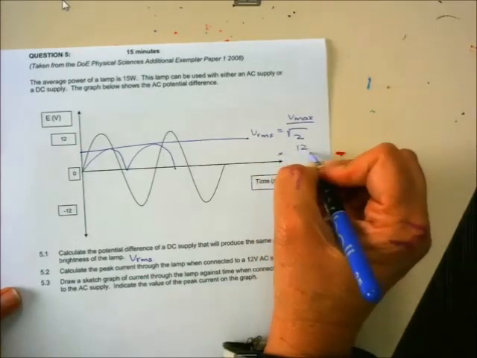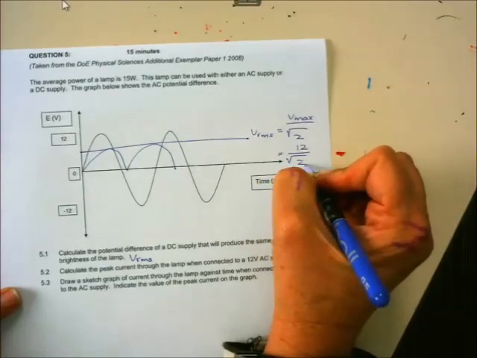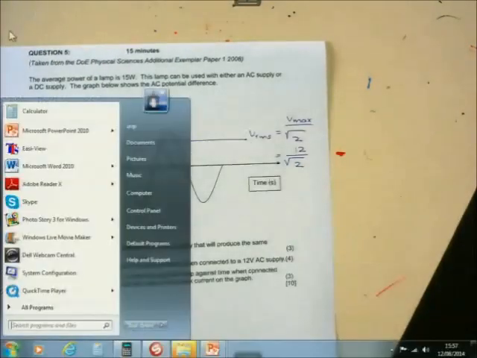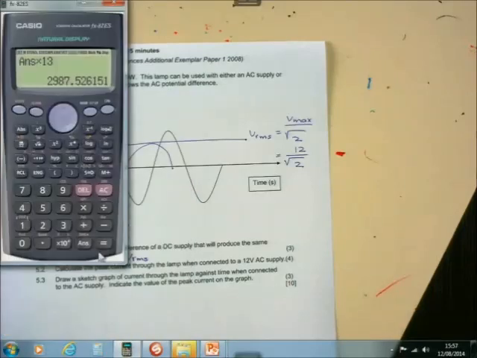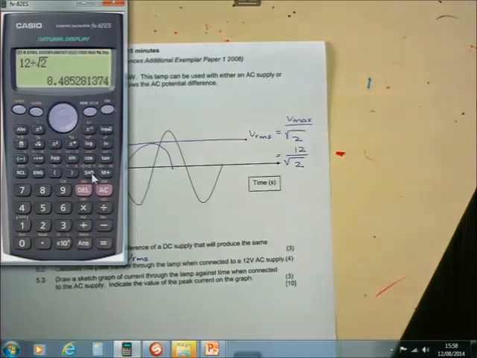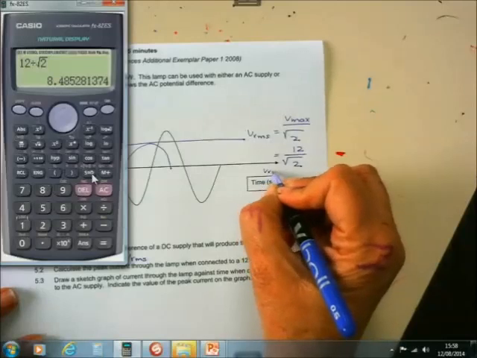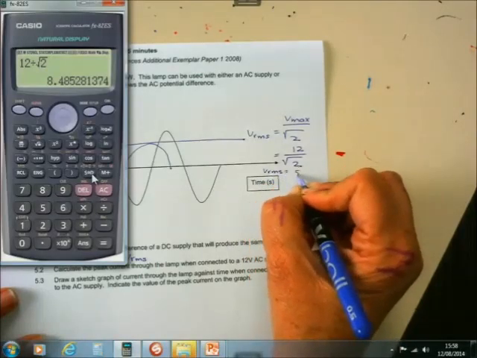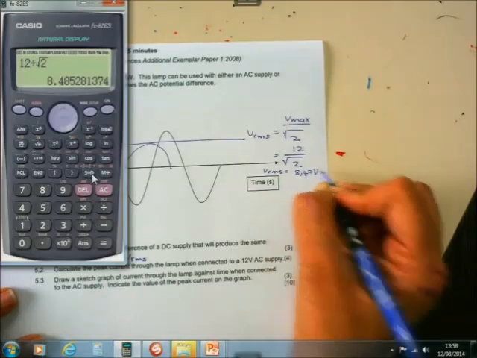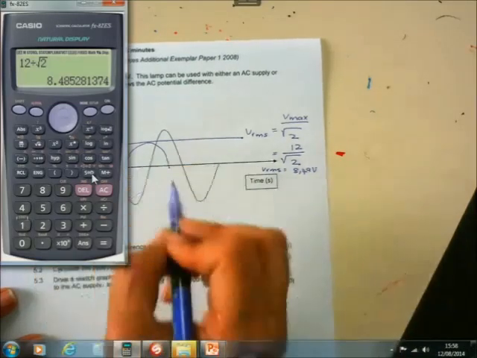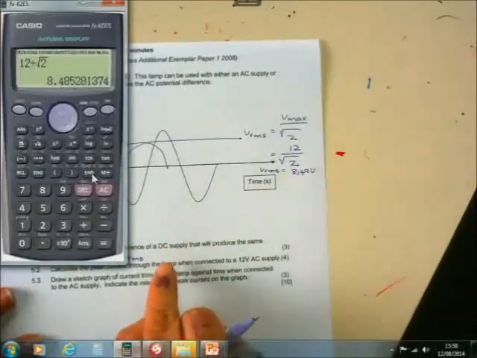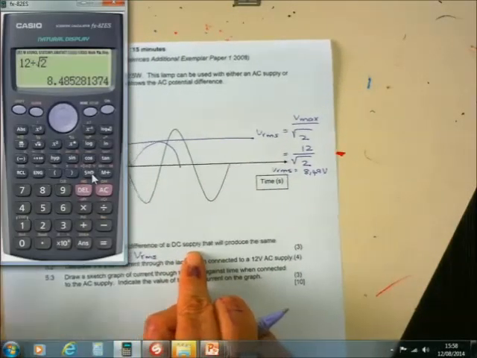Vmax is 12, over the square root of 2. 12 divided by square root 2 equals 8,49. So VRMS would be equal to 8,49 volts.